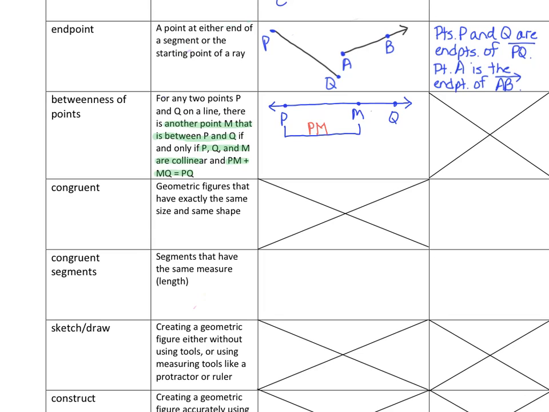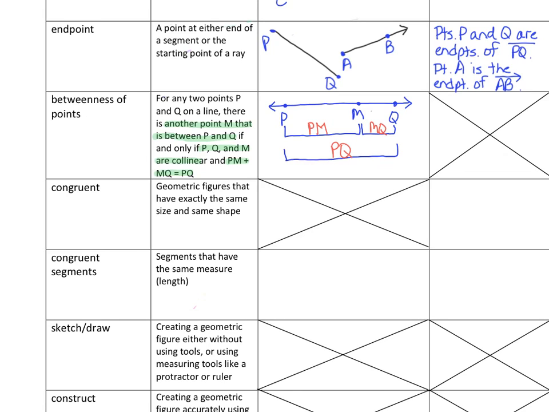Then I have the other segment here, the other portion from M to Q. And so that has some unit of measure, and we're just going to designate that MQ. So when I take the two of them together, when I say PM plus MQ, that would give me my total length from P to Q. So that would give me PQ.